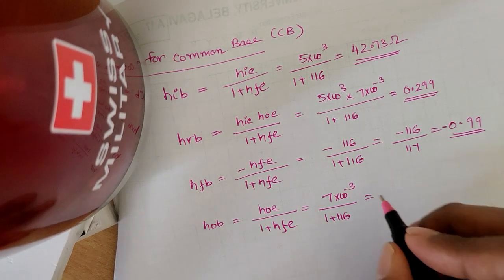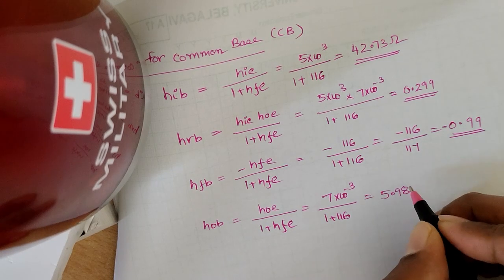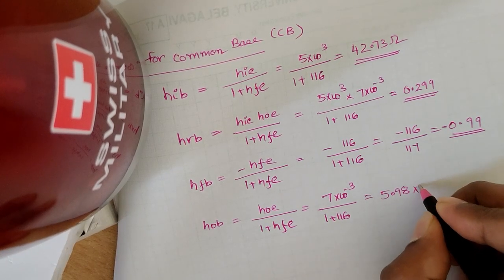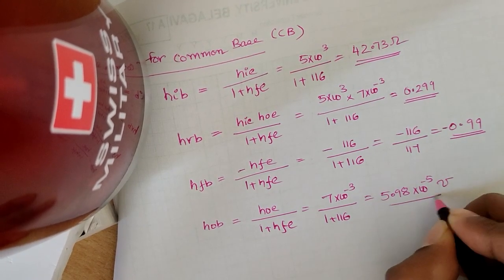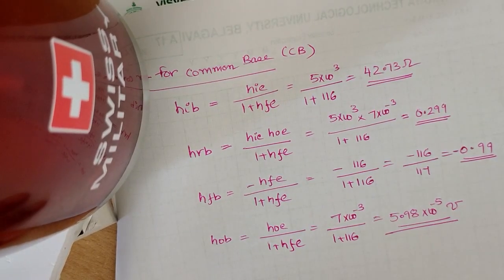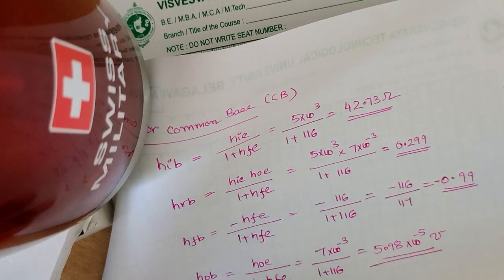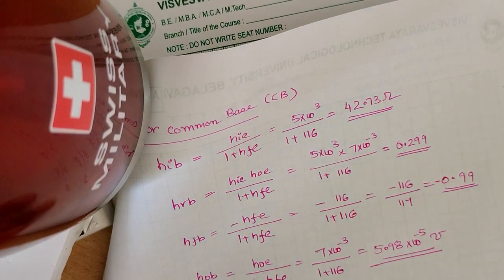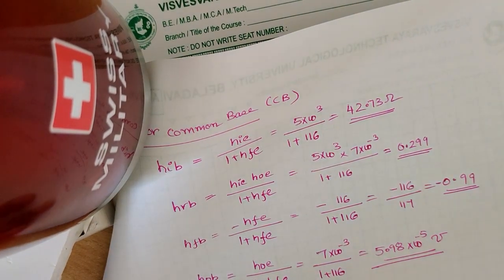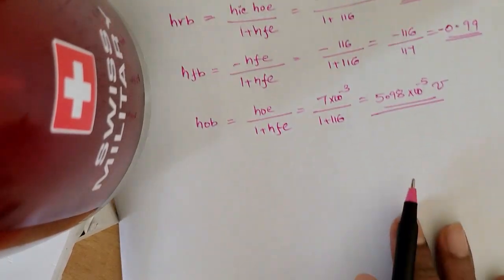So that's 5.98 into 10 to the power minus 5 Siemens. One mistake I have done, no, that's correct. So this is your common base configuration.